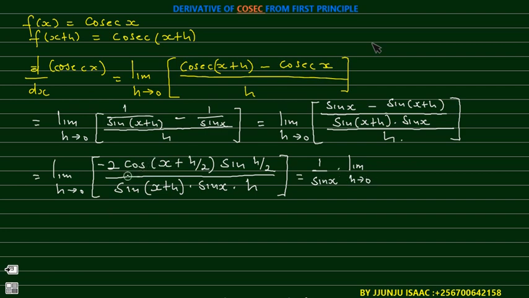I'm going to also pull this negative out, so I write negative 1. So now here I'm left with cos x plus h over 2, sine h over 2, and sine x plus h.